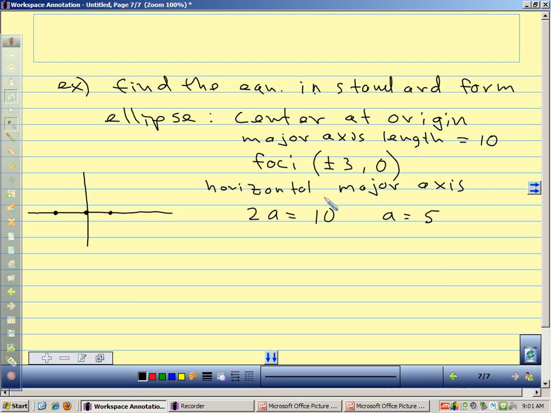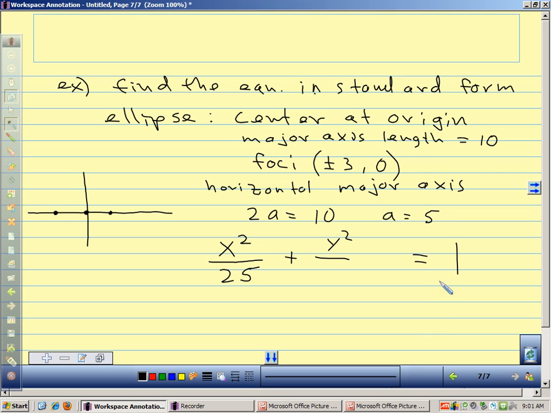So I can write the first part of my equation already. My center is at 0, 0. So I don't have to subtract anything from X. So I just get X squared over 25 plus, and we know it's going to be Y squared over something equals 1.